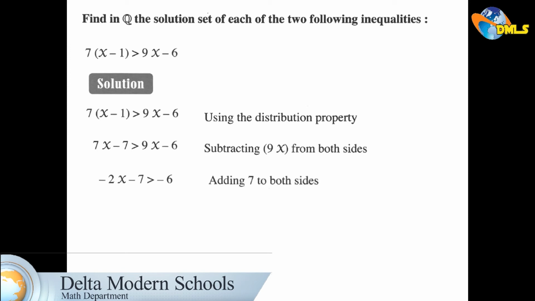By adding 7 to both sides, will be negative 2x minus 7 plus 7 is more than negative 6 plus 7. So, negative 2x is more than 1. By dividing both sides by negative 2, so it will be negative 2x over negative 2 is less than 1 over negative 2.